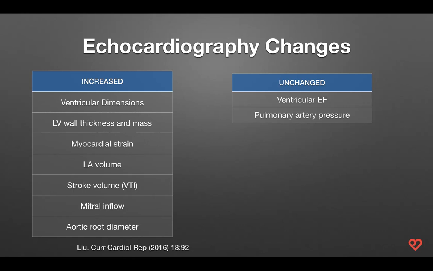The echo parameters that do change are on the left of the screen, and this is ventricular dimensions, the wall thickness, the mass, the myocardial strain, left atrial volume, stroke volume, as we've discussed in the previous slides, mitral inflow, and then important to note, aortic root diameter, which will come up again in our later discussions.